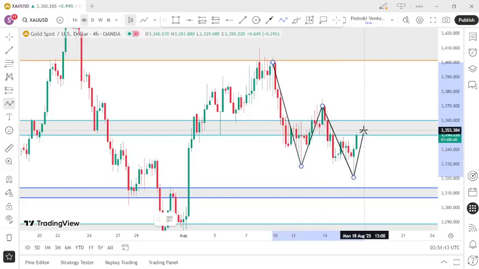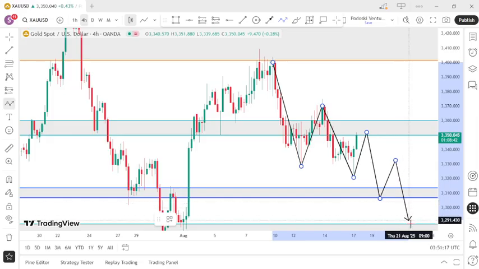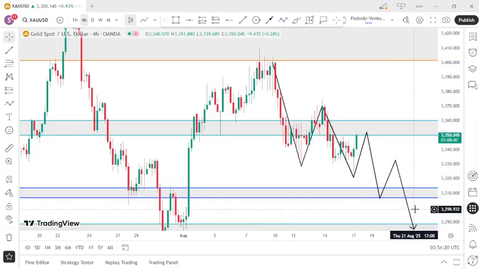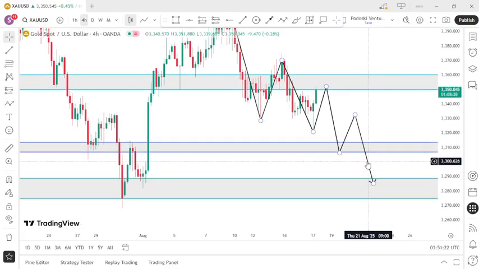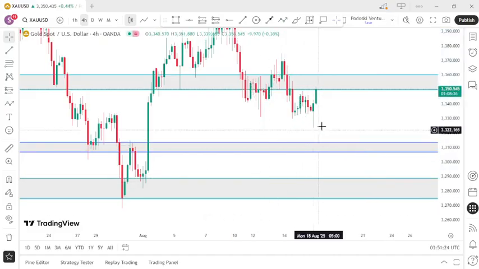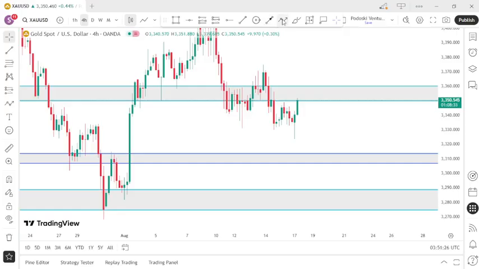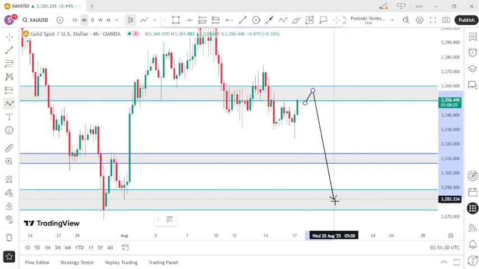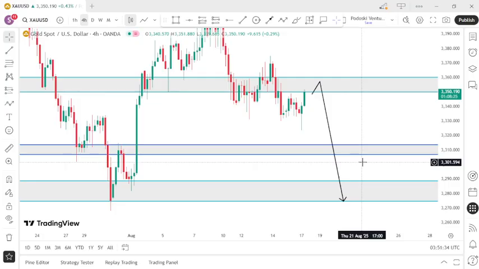You get a lower high, then a new lower low, a lower high, a lower low, all the way to the downside. So we are going to be looking for an entry from this daily zone exactly all the way to the downside on gold, XAUUSD.